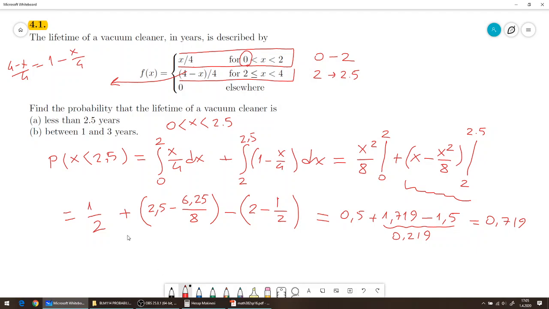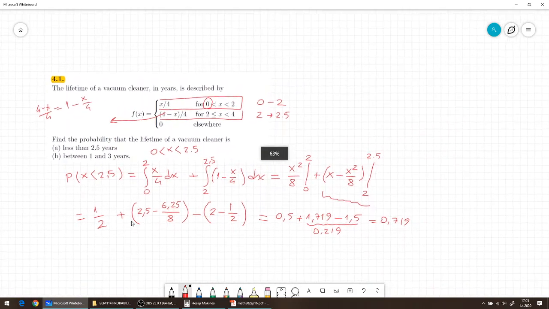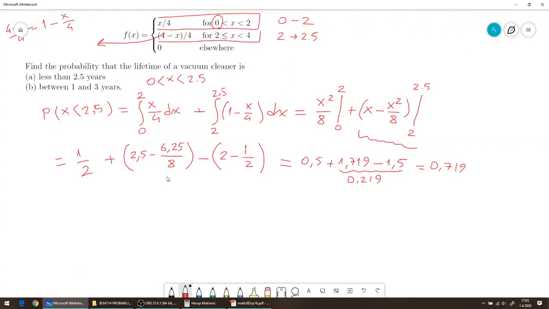And between 1 and 3 years. For this part of the question, 1 and 3 years means the probability that x is between 1 and 3 years is, from 1 to 2, we will use the first equation, plus from 2 to 3, the second equation.